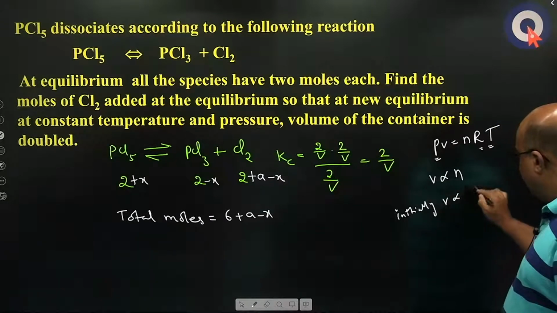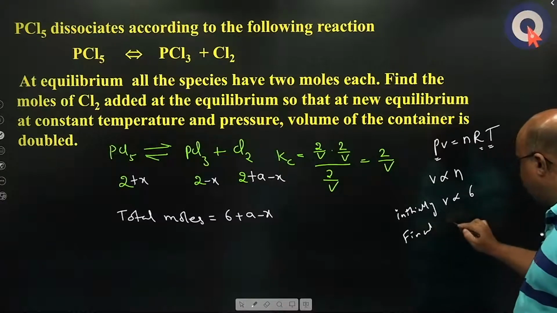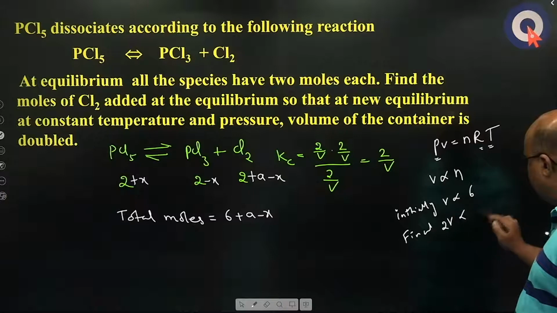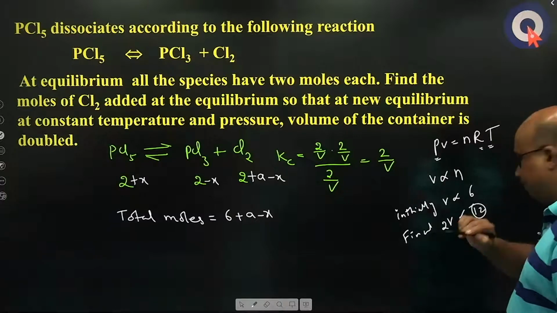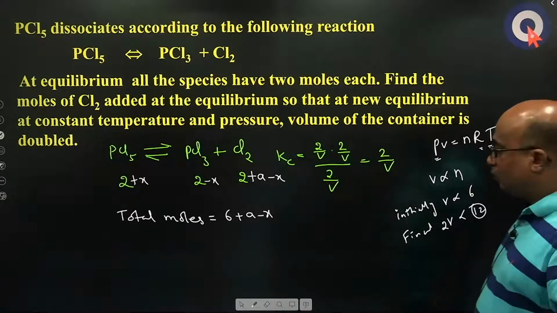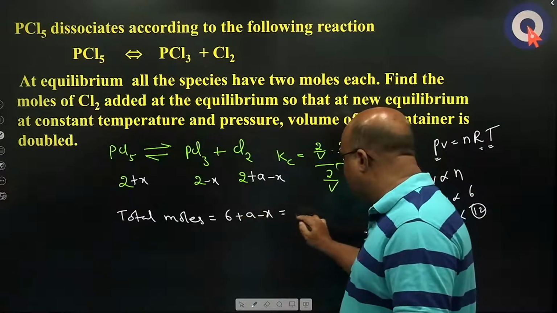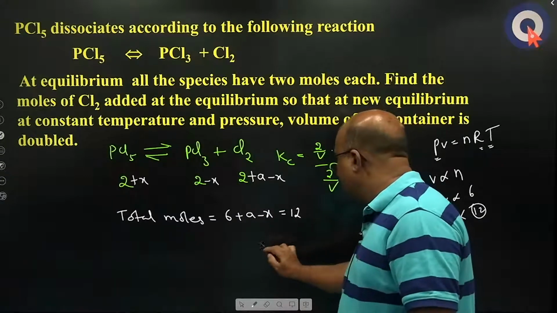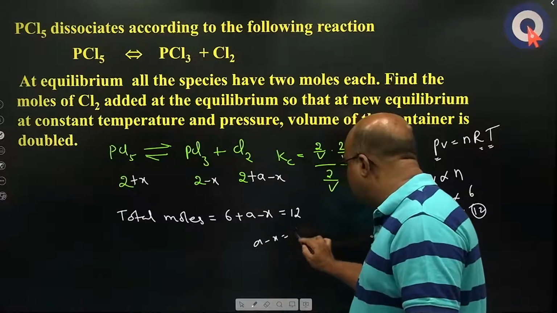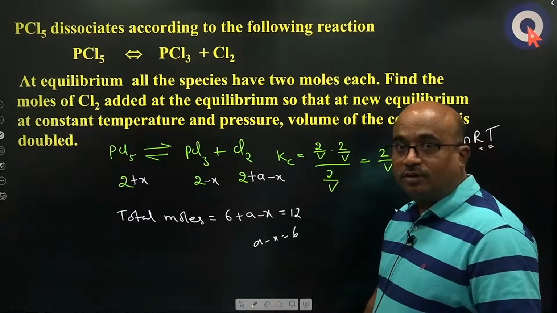When it is V, it is 6. At the final situation, at 2V, it should be 12. It should become double. So the total moles at equilibrium, this 6 plus A minus X, is equal to 12. That means A minus X is nothing but 6. Clear?